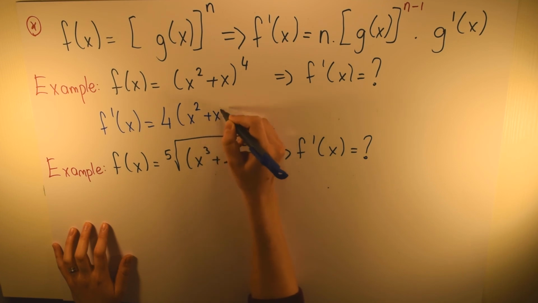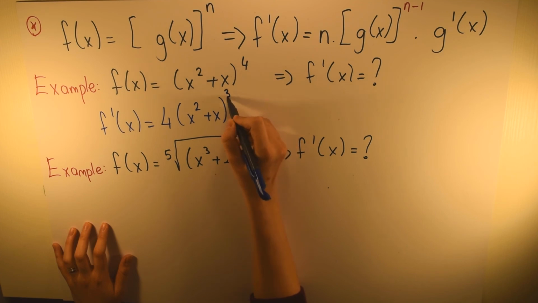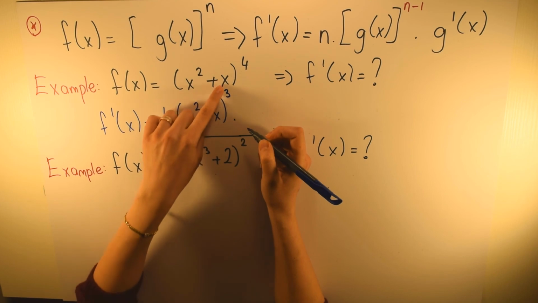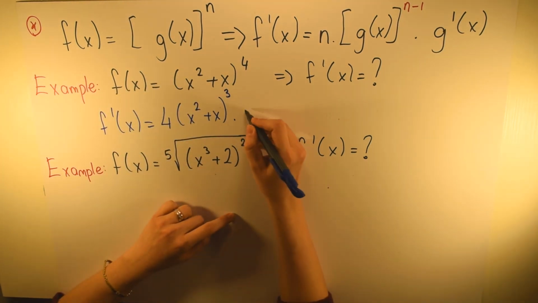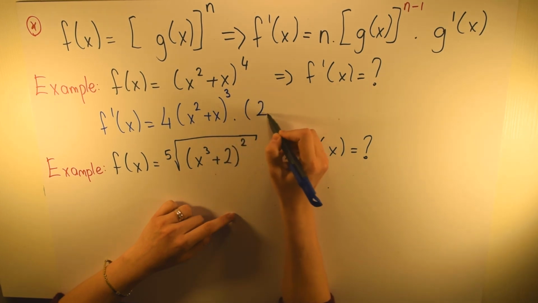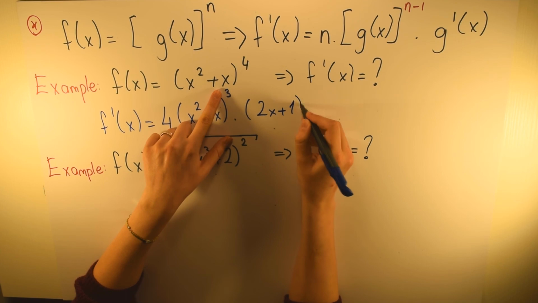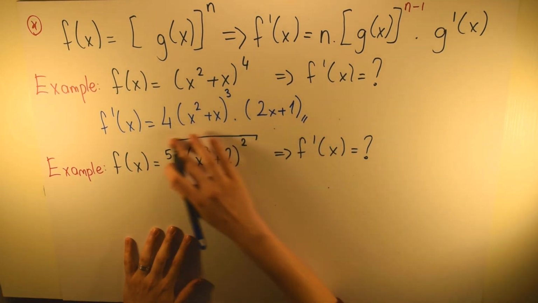You don't need to change this one. x squared plus x to the power of 4 minus 1, it's equal to 3, times, after this one you take the derivative of the inside of this parenthesis, okay, which is equal to 2x plus 1, right? The derivative of x is equal to 1. So this is the rule you have to apply.